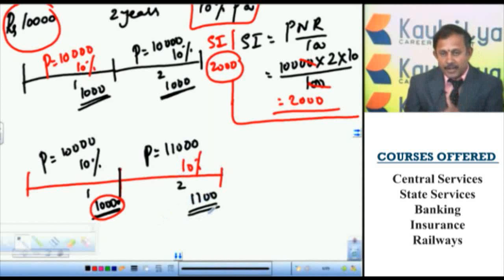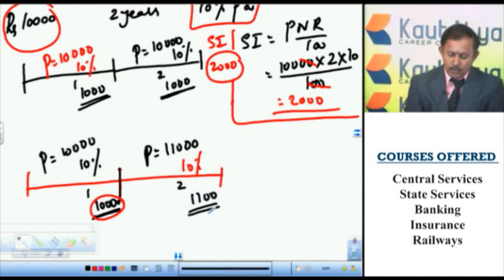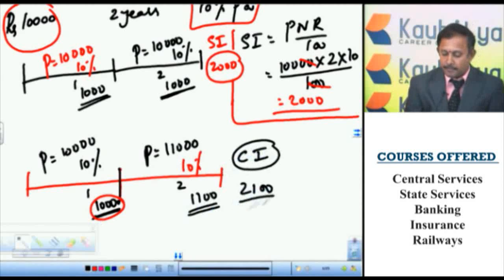You calculate 10% out of 11,000, and this 1,100 is the interest in the second year. So at the end of 2 years, the compound interest is 1,000 rupees plus 1,100, which is equal to 2,100.